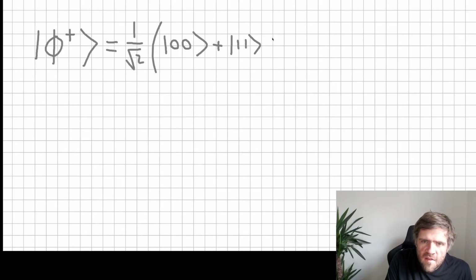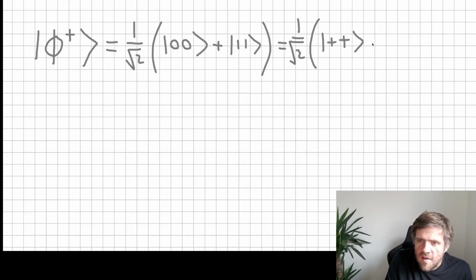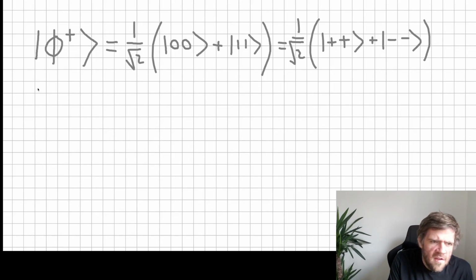Now this plus also means, and you'll see this if you try rearranging it yourself, that it can also be written as plus plus plus minus minus. So it's also correlated in the X basis, and I believe it's anti-correlated in the Y basis.